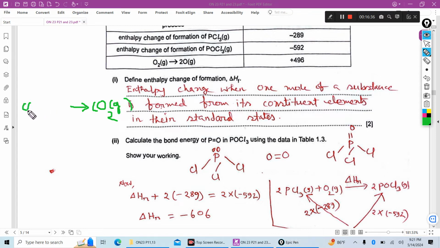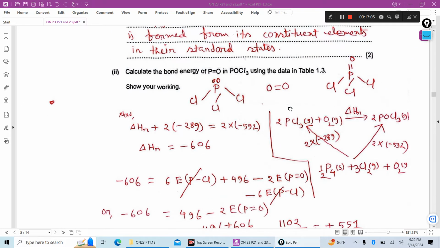Carbon's standard state is solid, oxygen's standard state is gas. So the enthalpy change delta H will be the standard enthalpy of formation. This value will be negative. So it is the enthalpy change when 1 mole of a substance is formed from its elements in their standard state.